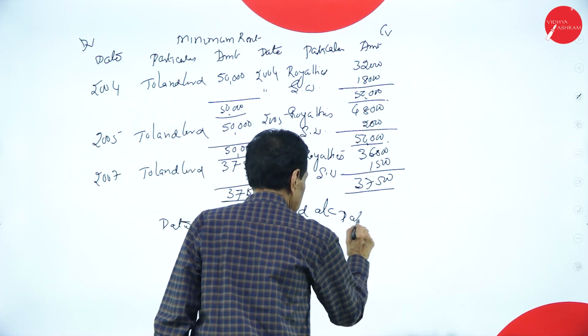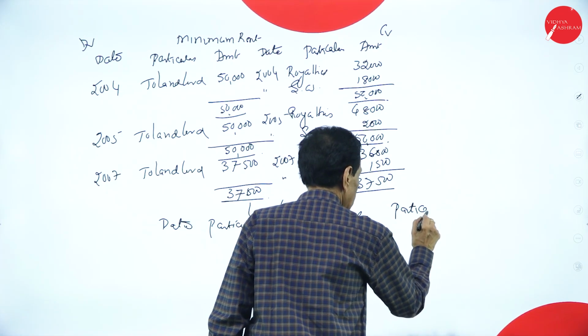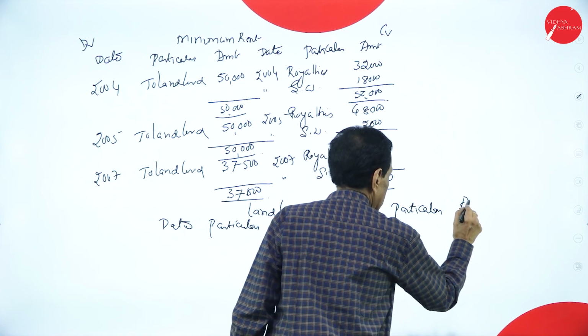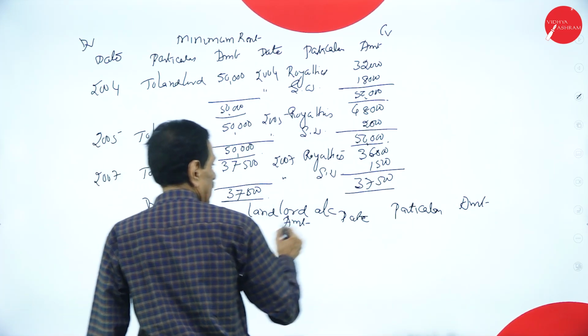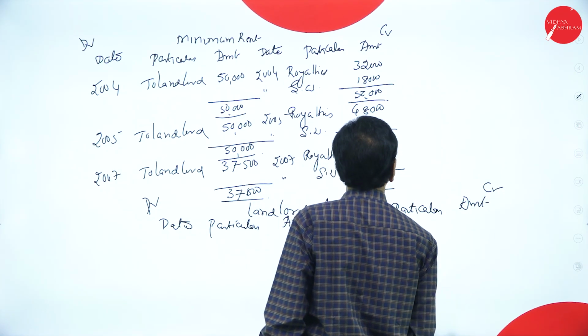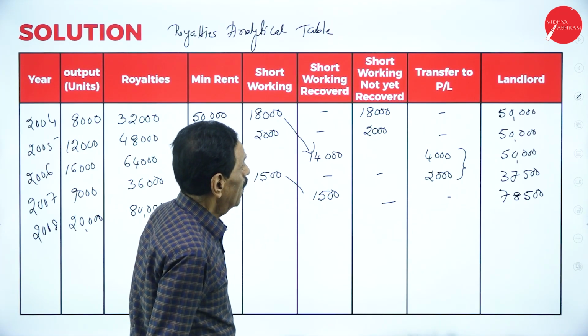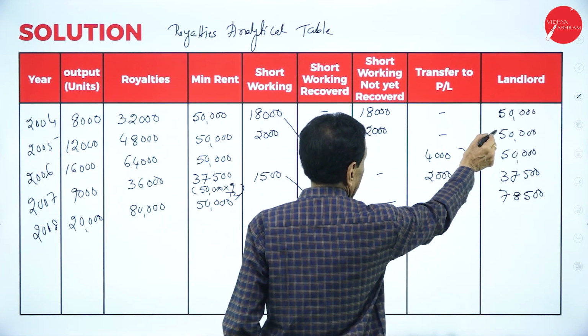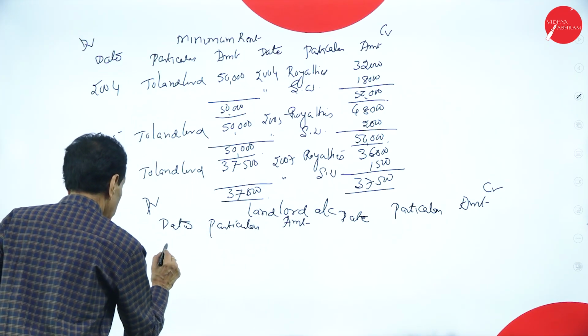Date, particulars, amount. Debit, credit. Now, how much you're paying to the landlord, you have to look after. First, we'll go one by one. How much do you pay to the landlord? 50,000. What is that? Minimum rent. First year, 2004.